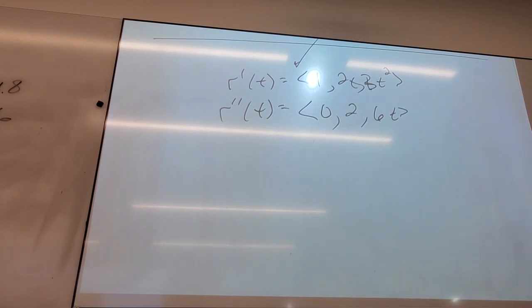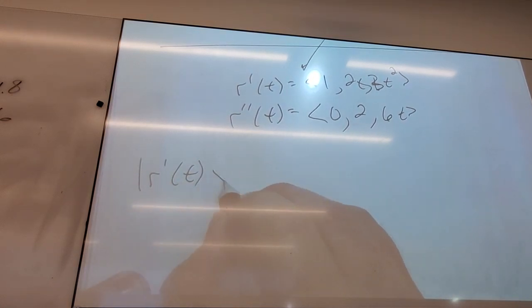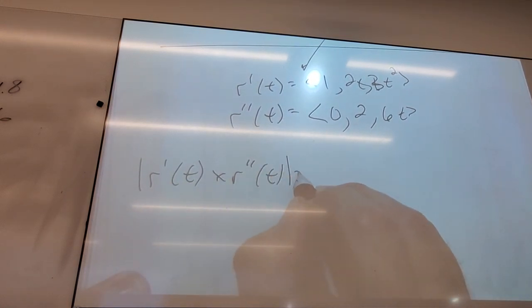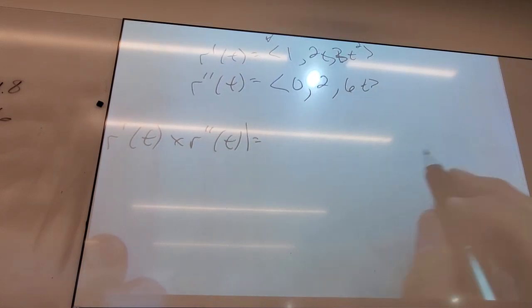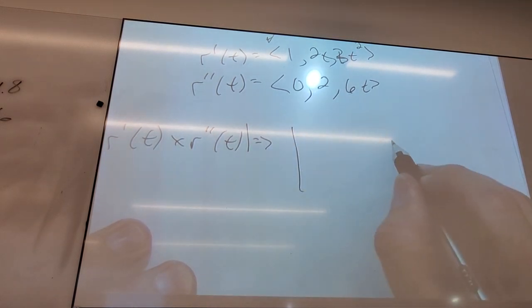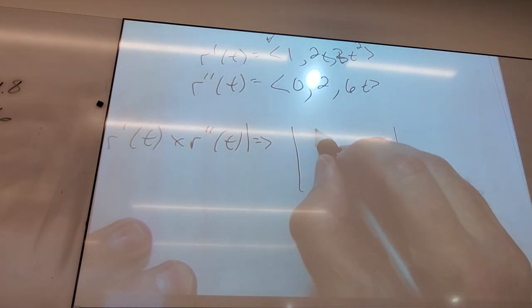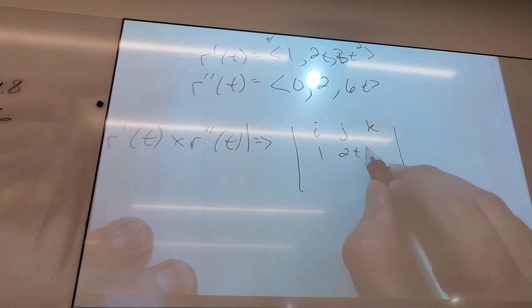What's the other way to figure it out? For the curvature, I need to calculate the length of that cross product. So what's the way to get the cross product? Yeah, i, j, k, 1, 2t, 3t squared.